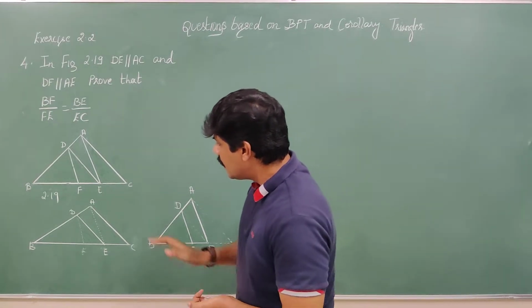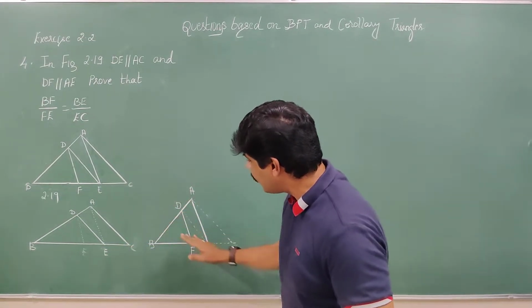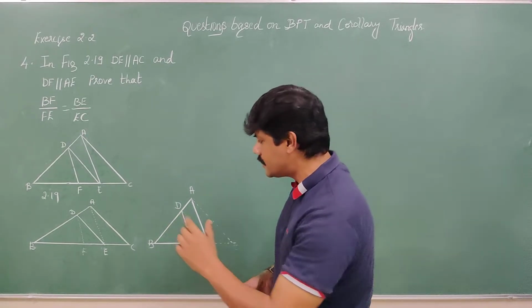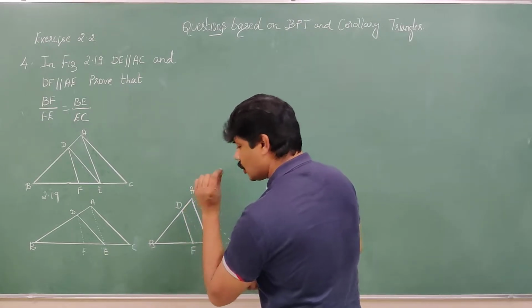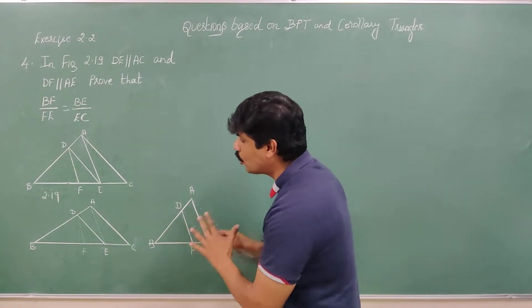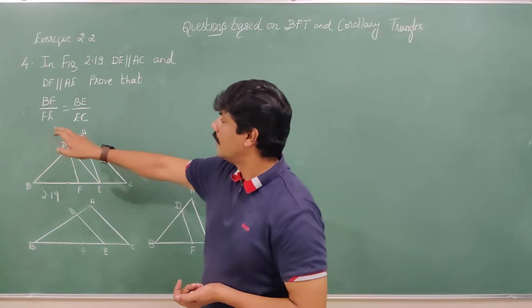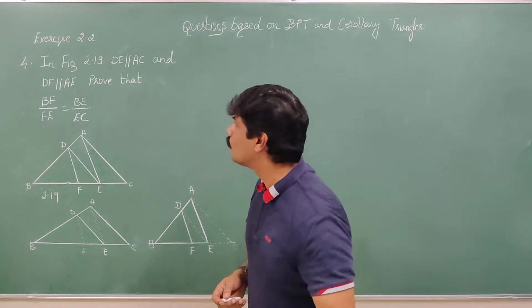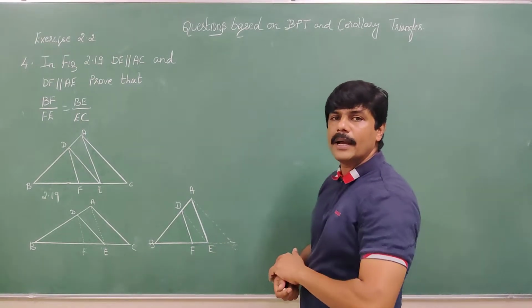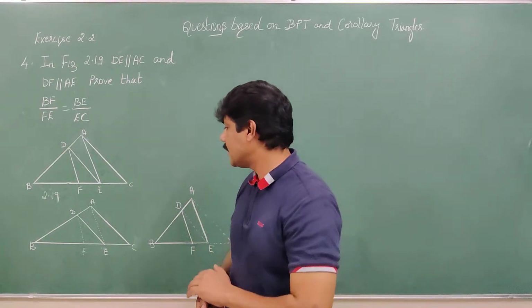In triangles ABC and ABE, DE is parallel to AC and DF is parallel to AE. What we have to prove is BF by FE is equal to BE by EC. How do you prove it? By the basic proportionality theorem.